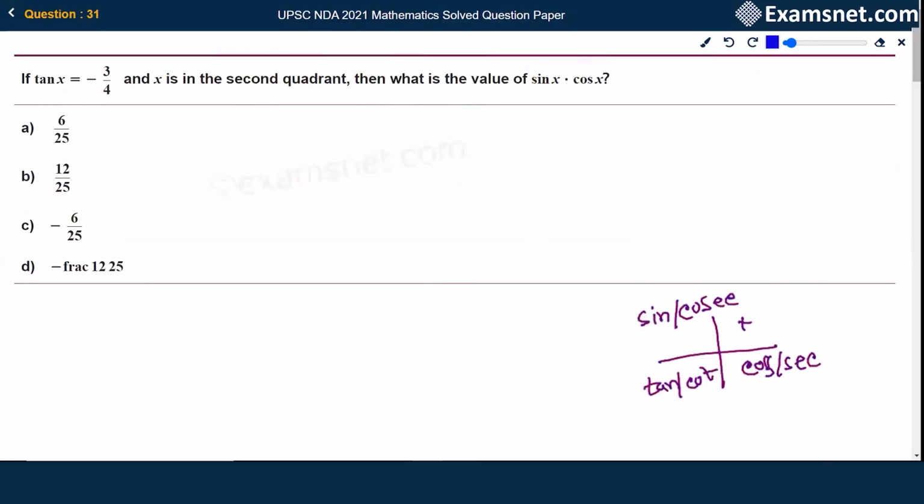Right. So since x is in the second quadrant, that means sine will give us the positive value, but cos will give us the negative value. Correct. So let's try to find the value for sin x and cos x first. It's given that tan x equals minus 3 by 4, right?